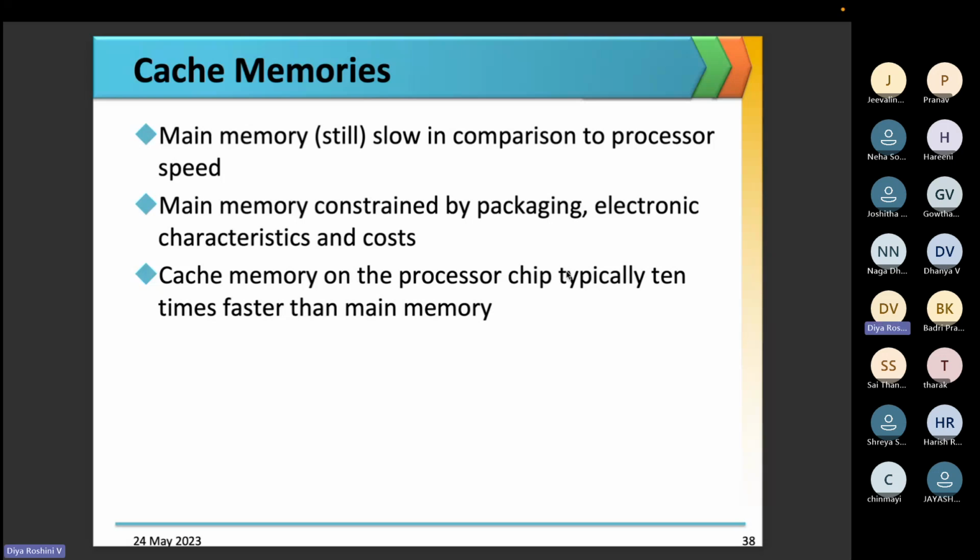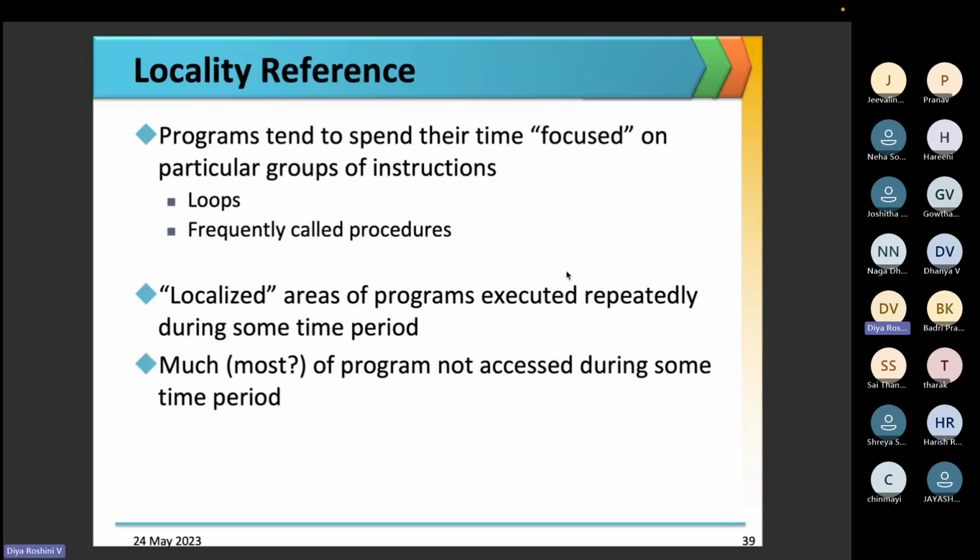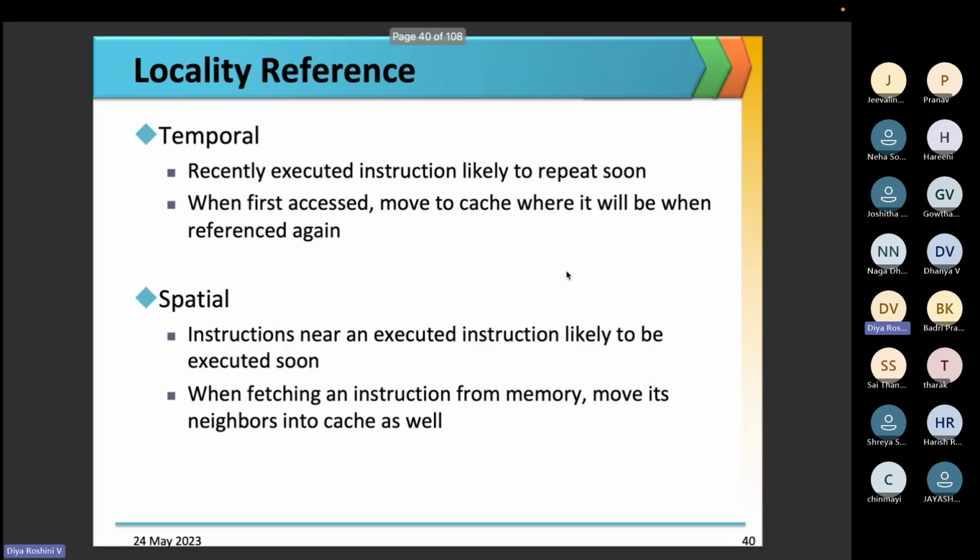How does this work? After analysis of multiple programs, they have come to the conclusion of two localities. We have temporal locality and spatial locality. As you can see here, temporal refers to time basically.